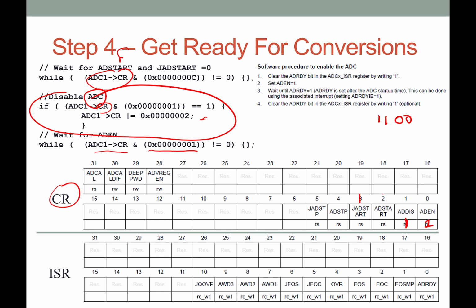So this is 1, 1, 0, 0. So it's ANDing the control register with that number, and when those go to 0, then it's going to exit out of that while loop.